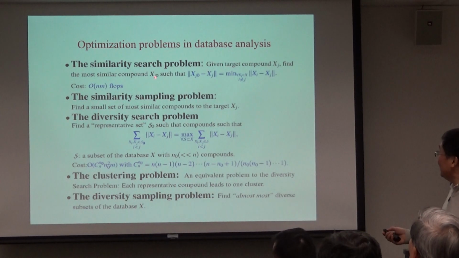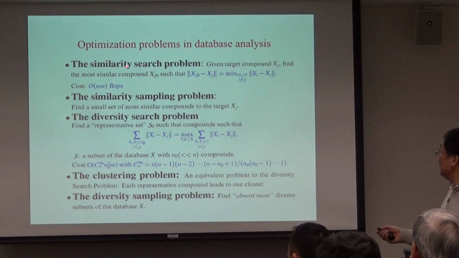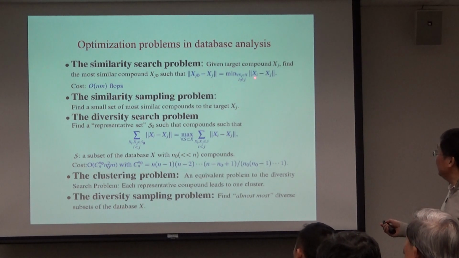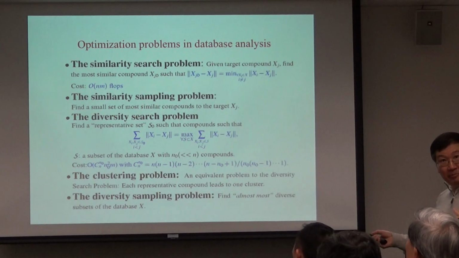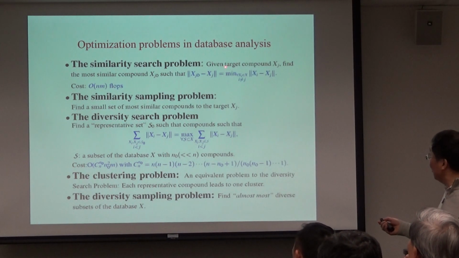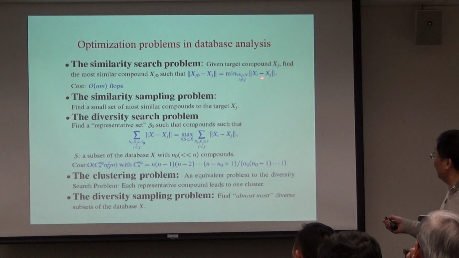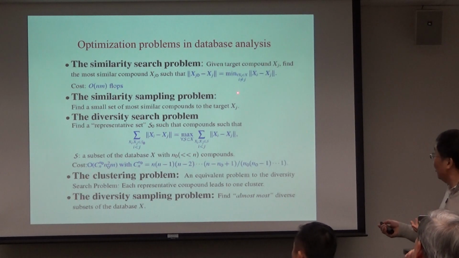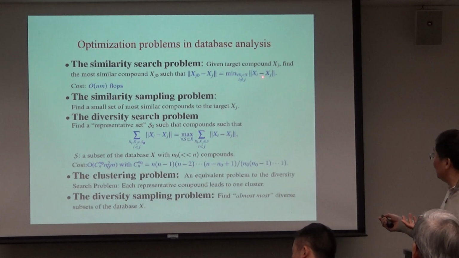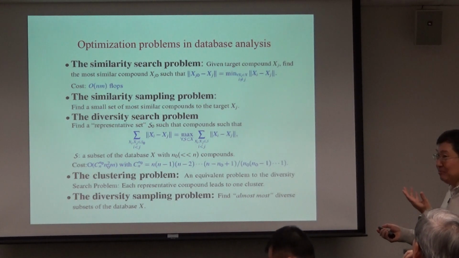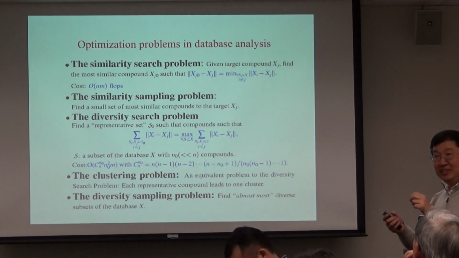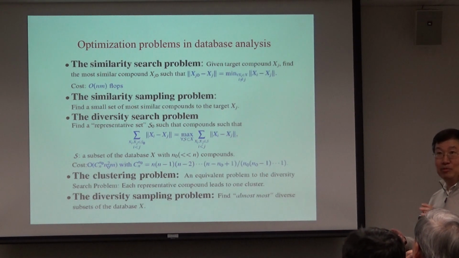So mathematically, you can simply write the similarity search problem. This is just a typical minimization problem for the distance between two compounds. The distance between two compounds indicates similarity. The larger the distance, of course, the more diverse they are.